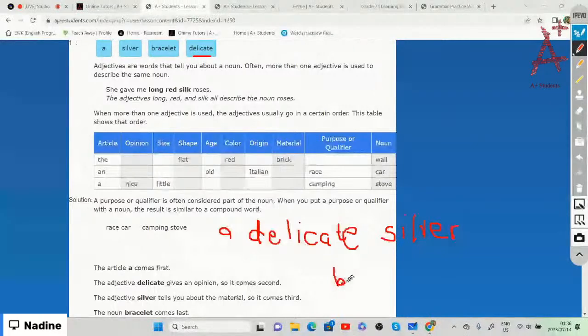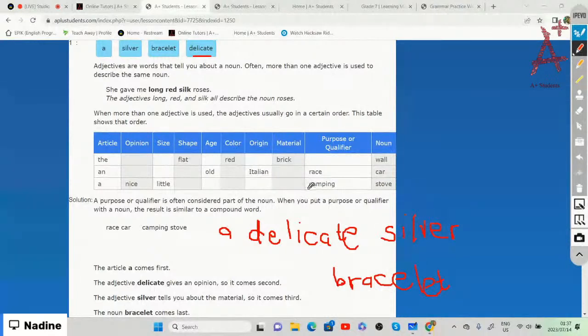So this is now the order: a delicate silver bracelet. That is if we put it in order based on the table that they showed us for the adjectives.